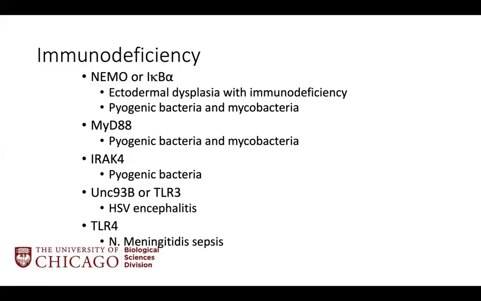IRAK4, that was another one of those intermediaries that is associated with an immune deficiency and makes you predisposed to pyogenic bacteria. And then there's an UNC93B or TLR3 deficiency, which leads to HSV encephalitis, and a TLR4 deficiency that leads to meningitis sepsis.